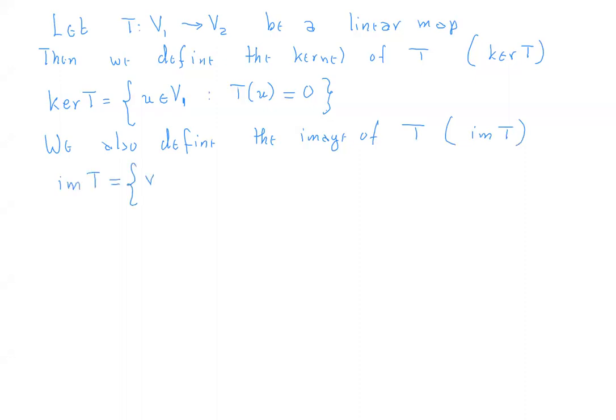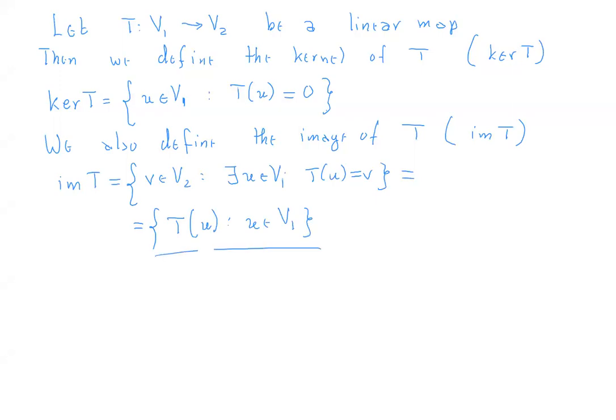So V in V2, for which there exists a U in V1, such that T of U is V. So pretty much I could rewrite this as all the T of U's for U in V1. Either way is fine. I think obviously this definition looks much simpler.